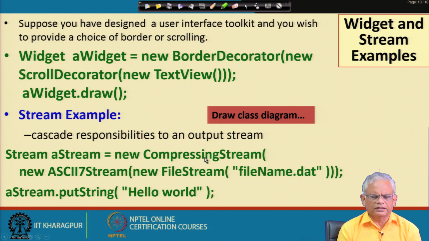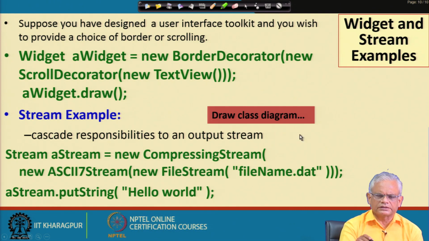If we have defined the classes ASCII stream, compressing stream and the file stream, how are these classes interconnected or structured? If we know the decorator pattern, can we draw the class diagram? Please try to draw the class diagram, and we will just display that in the next slide.